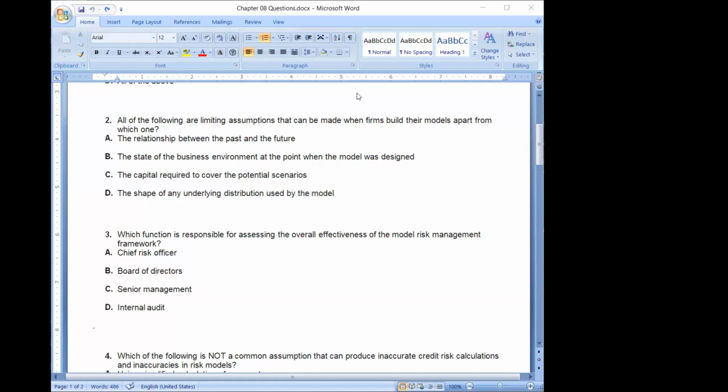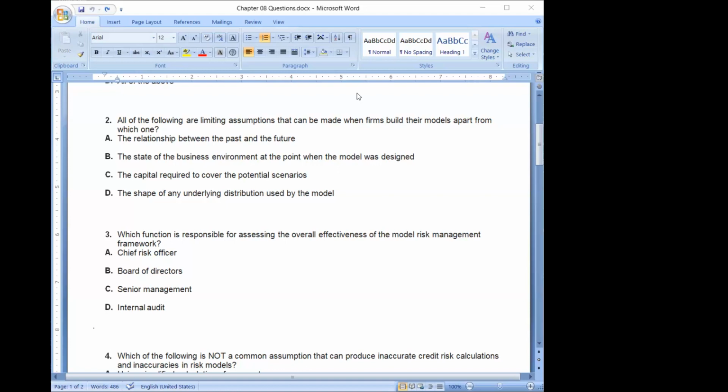Relationship between the past and future, the state of the business environment at the point when the model was designed, the capital required to cover the potential scenarios, the shape of any underlying distribution used by the model. So the question is, all are limiting assumptions that can be made when firms build their models. So you need to figure out what is the relevant one here.